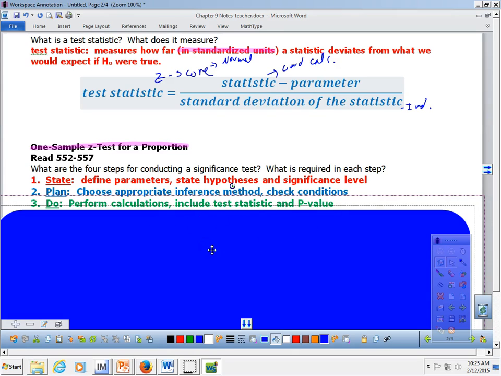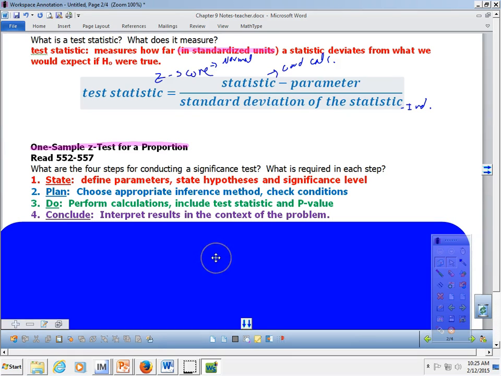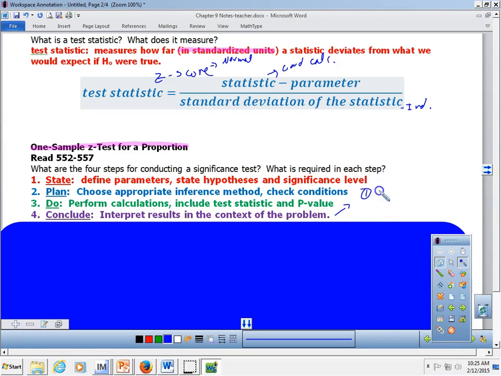And then last but not least, of course, we want a good conclusion. We want to interpret the results in the context of the problem. We'll do that in 2 steps. One, are we rejecting or failing to reject H naught? And I'll just write fail to reject H naught.